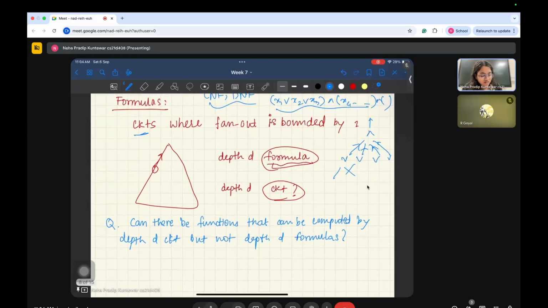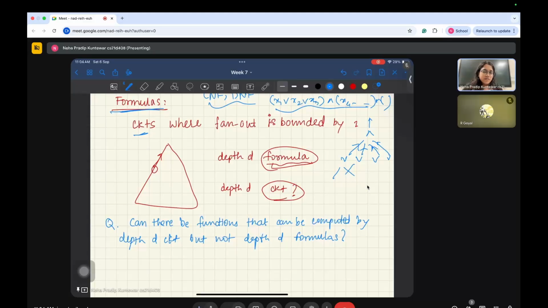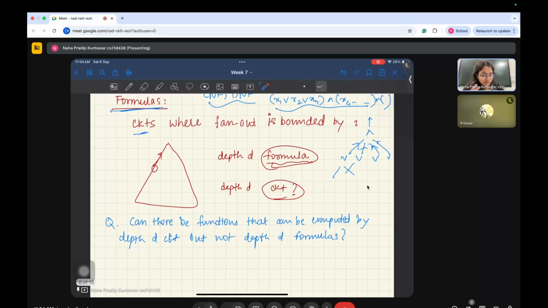Circuits versus formulas is a very big field that is being explored. One reason we study formulas is that they have a nice structure. It's very restricted, in the sense that the number of outgoing wires for each gate is at most 1.